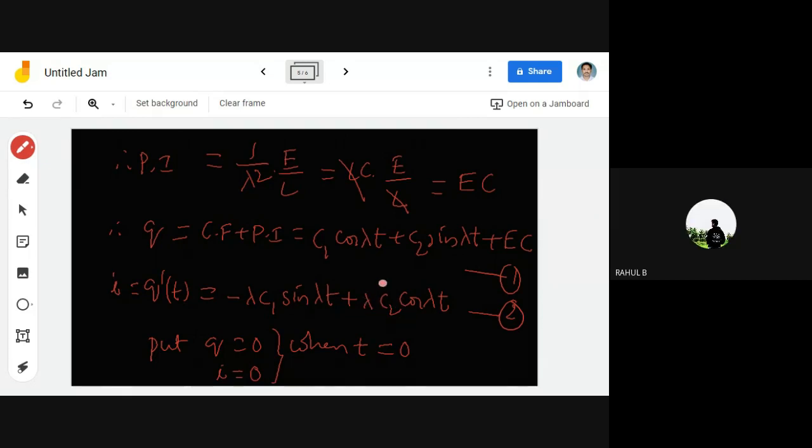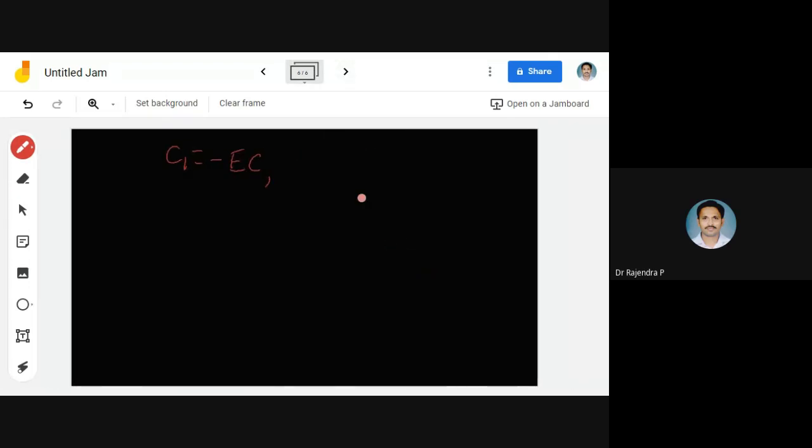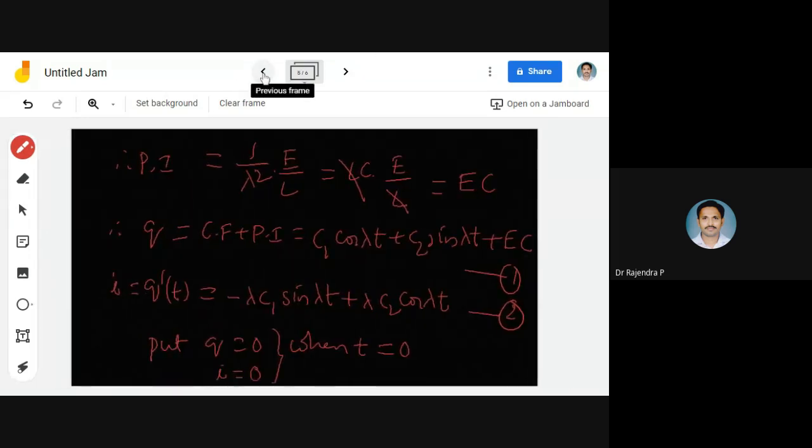From both the equations, we are getting the C1 and C2 values. It is very simple. I just substituted Q as 0 on one side and T as 0 on the other side, so that I get the first arbitrary constant C1.